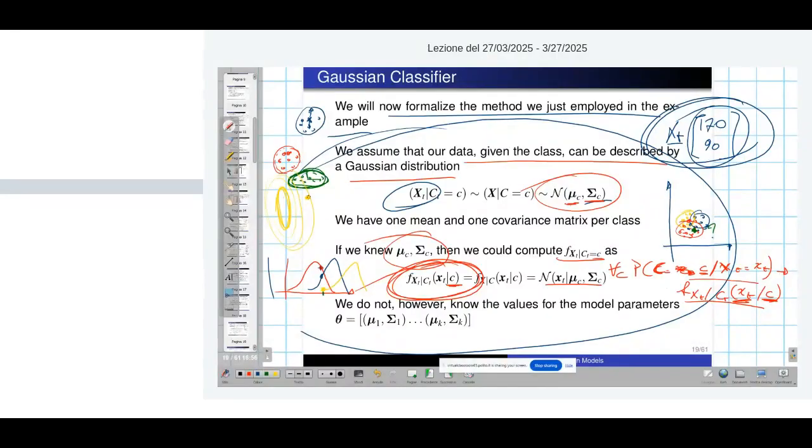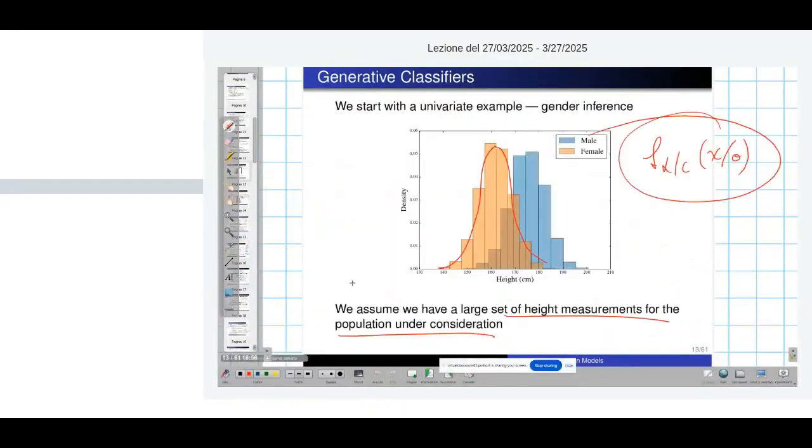Then combine this with the prior probabilities and obtain class posterior probabilities as we did in the previous example. Problem is, we don't know the parameters of these densities. As before, we said we want to model the densities, but we don't know what is the mean of the density for the female class, what is the mean of the blue.